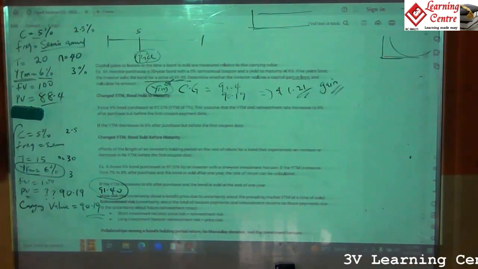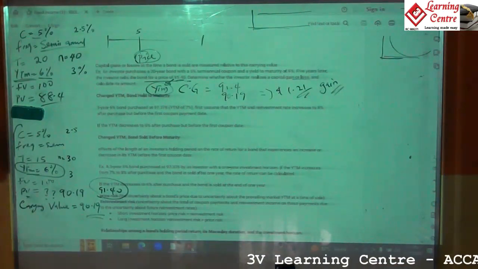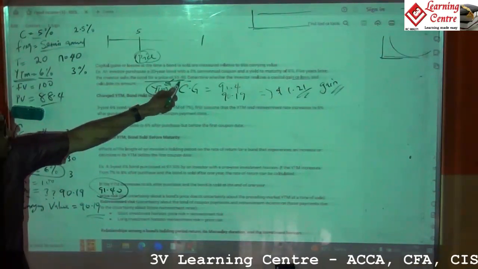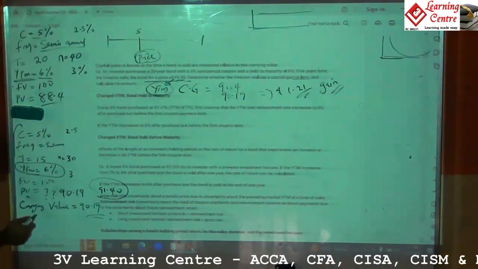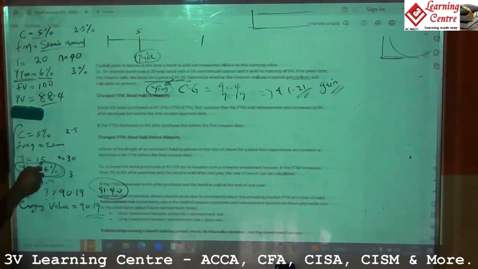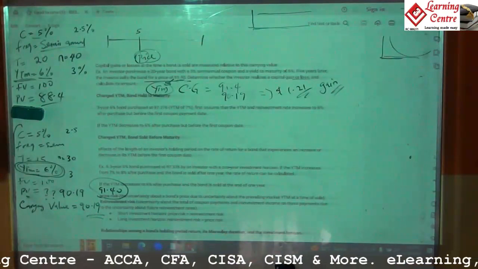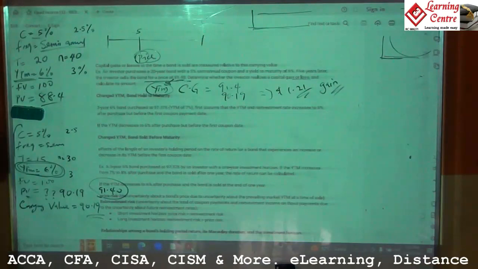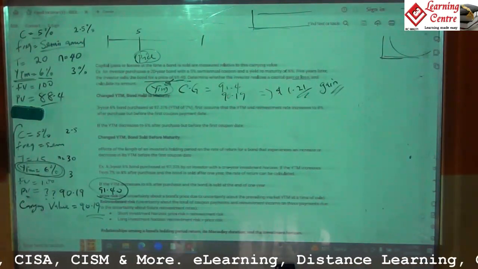We're trying to find what yield the market would have when the bond is sold at 91.4. So just enter this, but this time, don't put the YTM. Let's calculate it.